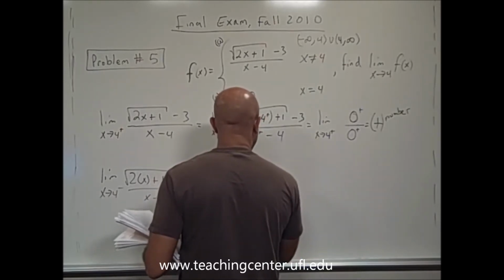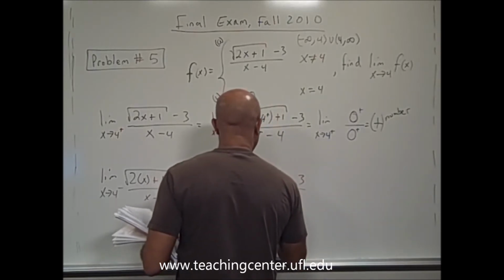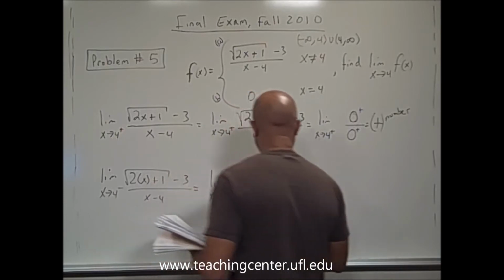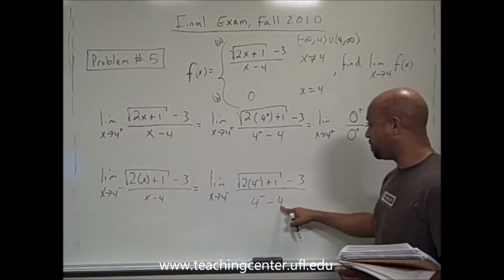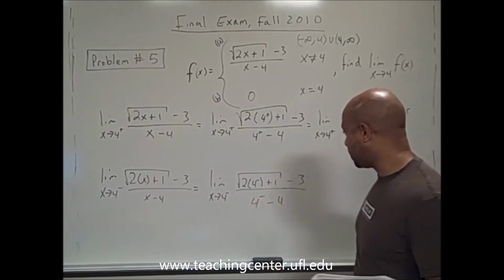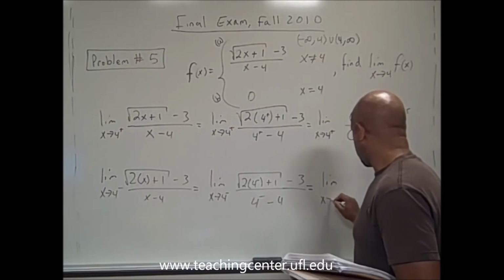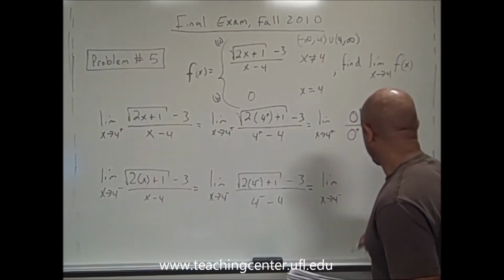We take the square root of that, subtract 3, and then we have 4 minus 4, a number slightly less than 4 minus 4. This is just substituting in a number that's slightly less than 4 but really close to 4. And we get the limit as x approaches 4 from the left.